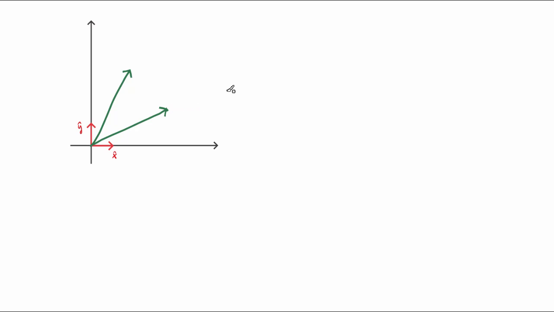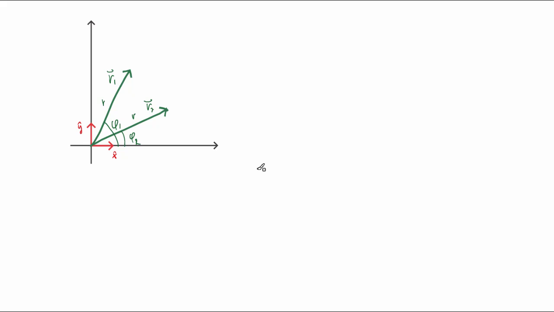Let's call them R1 and R2. They have different angles to the x-axis, phi 2 and phi 1. But we'll say that they both have the same length, r.